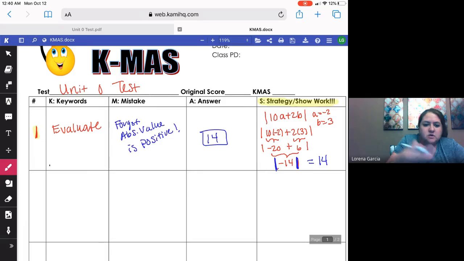Now, let's say I'm the student, I'm going to go to my test and I'm going to look at another problem that I got wrong. So let me go ahead and project the test here.